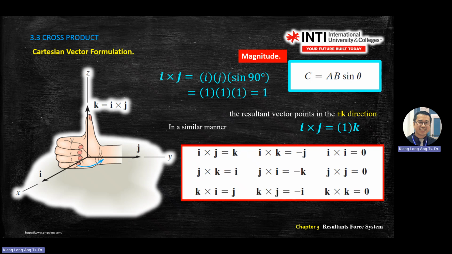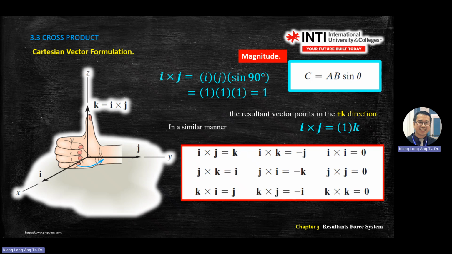Why negative K? In front of the negative there is actually a value of 1, because the magnitude is AB sine theta. AB is 1, sine 90 is 1, so you get a magnitude of 1. All of these have a 1 in front. I cross I is 0.